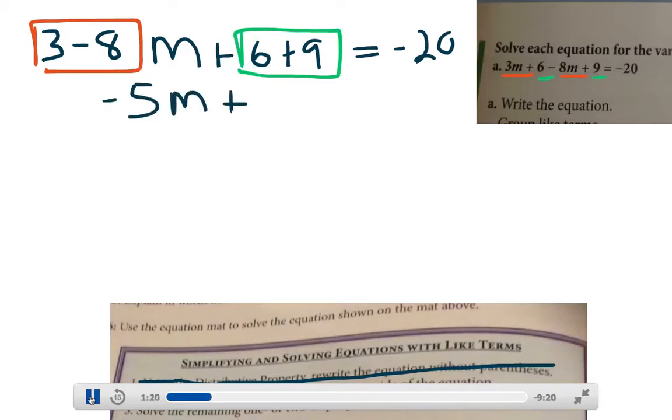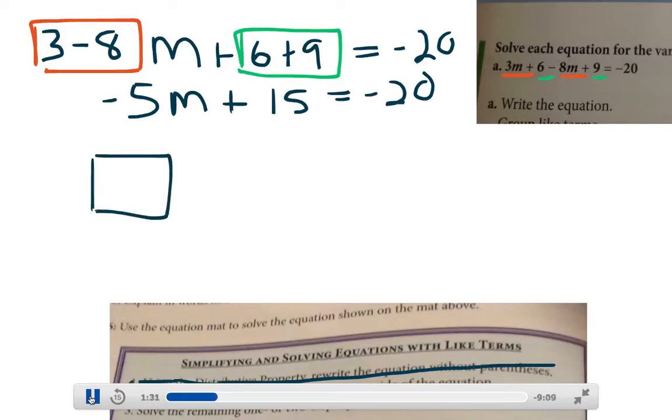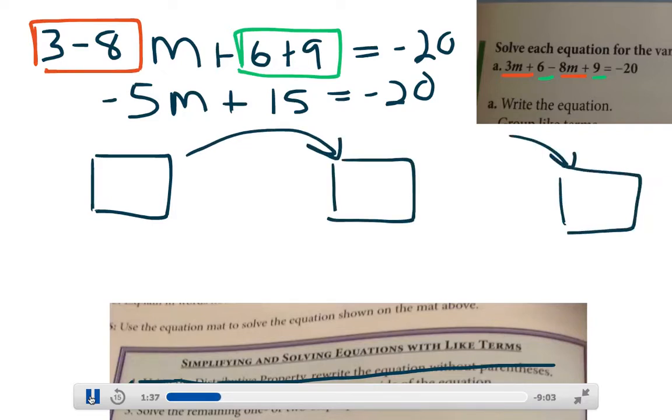Negative 5m plus 15 equals negative 20. So there was a number. It was multiplied by negative 5, and 15 was added to it. It became negative 20.